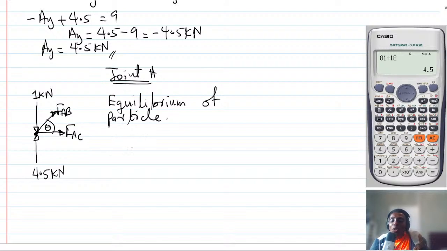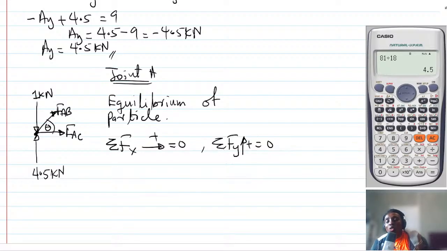For a particle to be in equilibrium, summation of force along the x should be 0, summation of force along the y should be 0, and summation of force along the z. But this one, there's no z. So for a particle to be in equilibrium, sum of all the forces should be 0. I hope it makes sense.